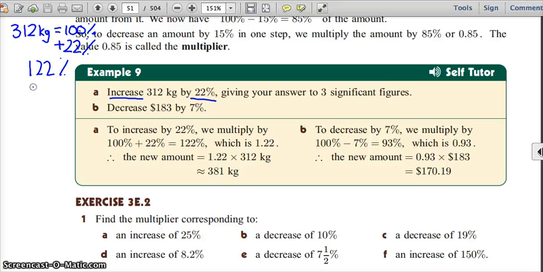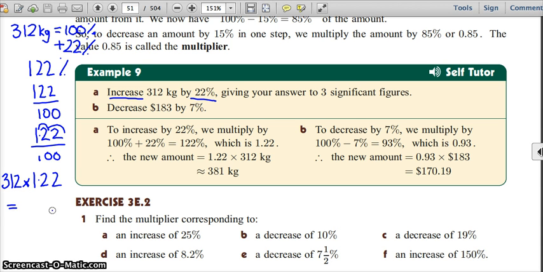It looks like 1.22 because it's 122 divided by 100, and because it's 122 divided by 100, we move the decimal place 2 places, and we get 1.22. Liam, can you get a calculator out and do 312 times by that multiplier, please? Hopefully you can see that this is one step.